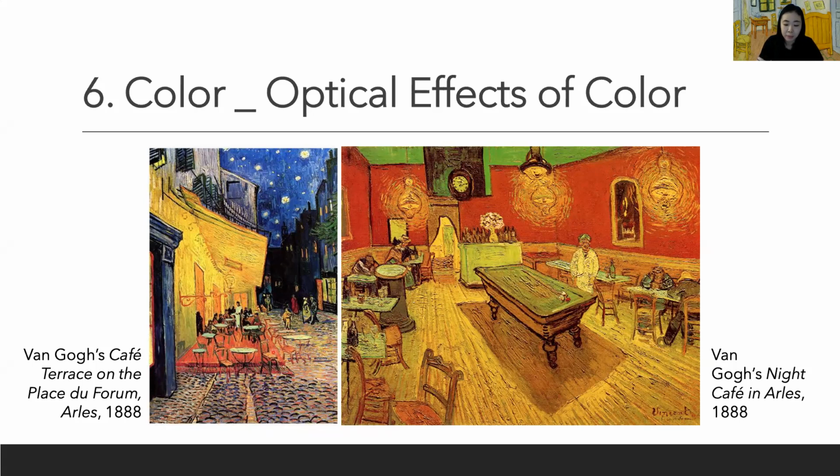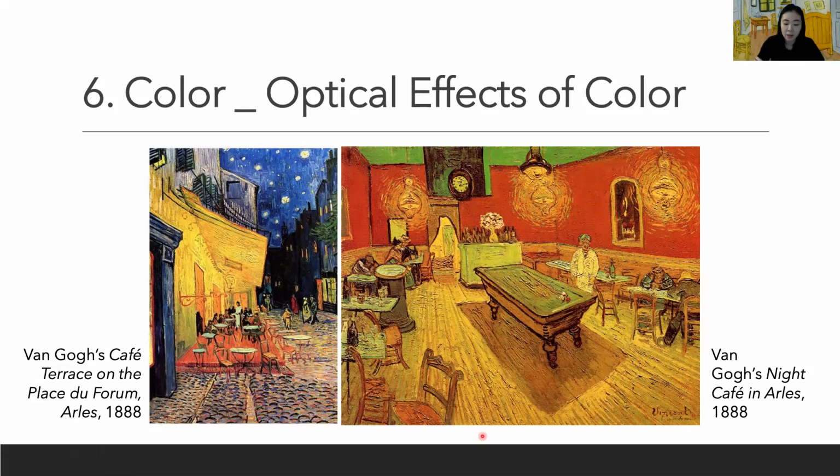So he used the dark blue on the sky and the yellow light with vivid orange outdoor dining spot. So the orange and the blue are complementary colors. So by using complementary colors as simultaneous contrast, the image is stamped on the viewer's eyes.